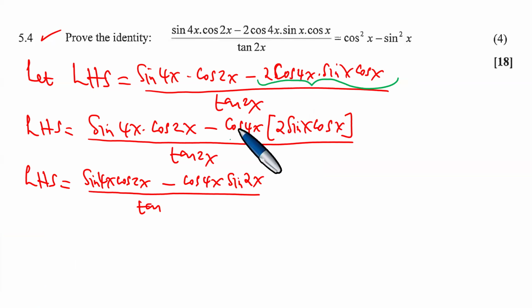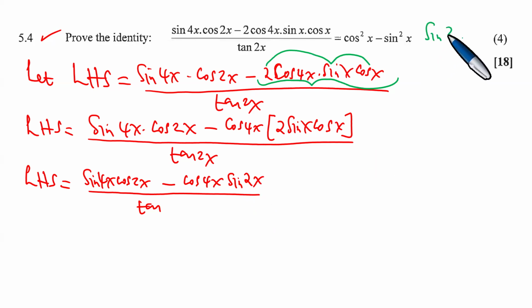Cosine 4x is the odd one out, so we took it out, and we're left with 2 sine x cosine x. So we did regrouping, right? When we did regrouping, we then got 2 sine x cosine x. But 2 sine x cosine x is the same as what? 2 sine x cosine x is sine 2x. Right?